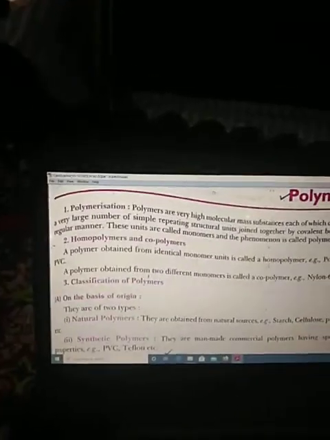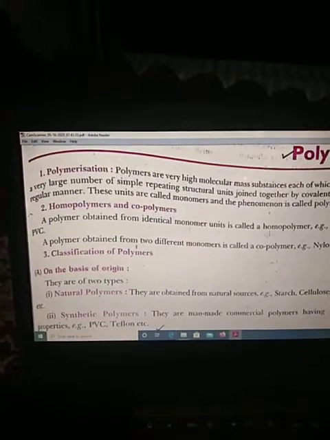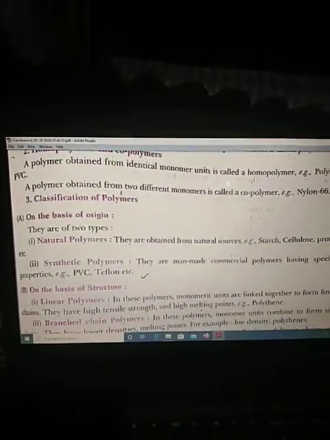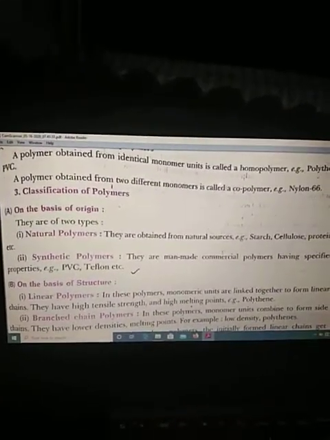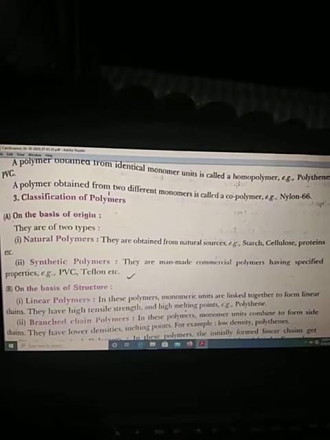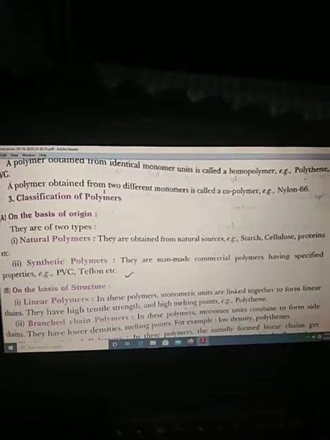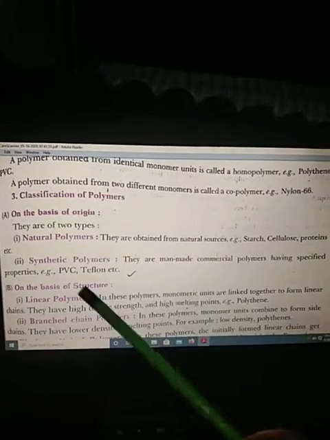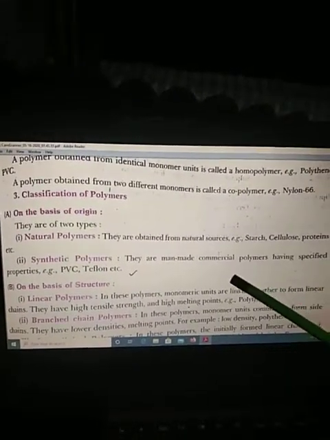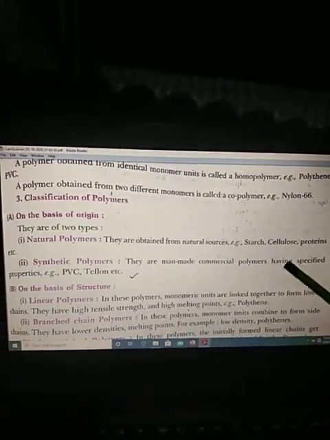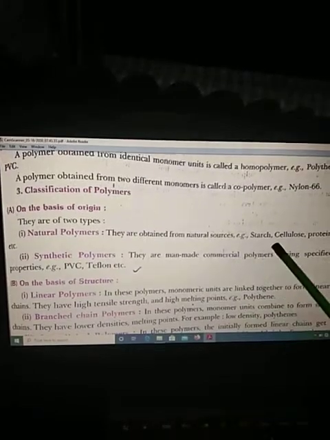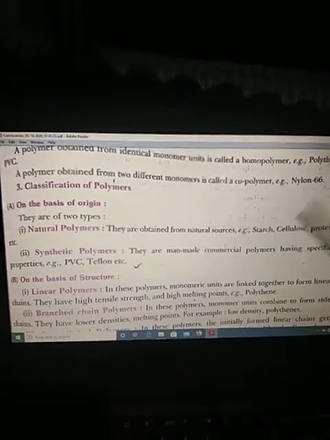Next, on the basis of origin, polymers can be classified into two types: natural polymers and synthetic polymers. Natural polymers are the polymers obtained from natural sources like starch, cellulose, proteins. And synthetic polymers means man-made polymers, for example PVC, polyvinyl chloride, Teflon, polythene, all these are synthetic polymers.